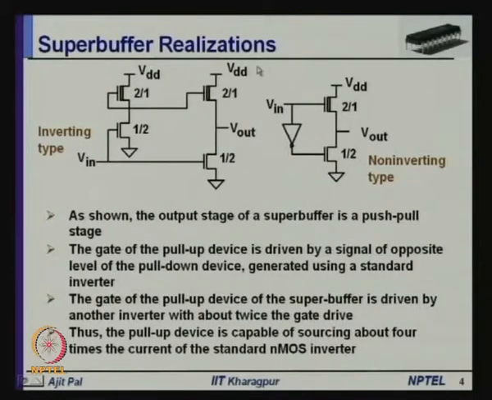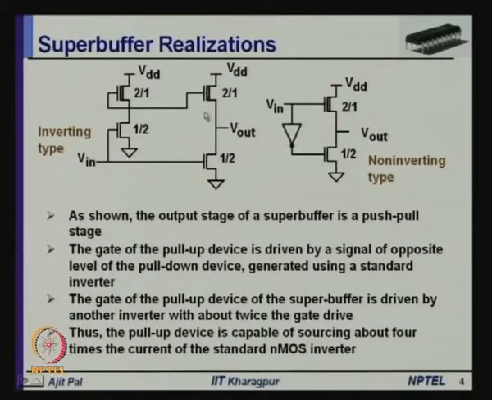As I mentioned, to alleviate the problem of large delay of NMOS inverters, super buffers have been introduced. So, how is the super buffer realized? This is an inverting type super buffer. As you can see, you have got a standard NMOS inverter, and that standard NMOS inverter is driving 2 transistors.